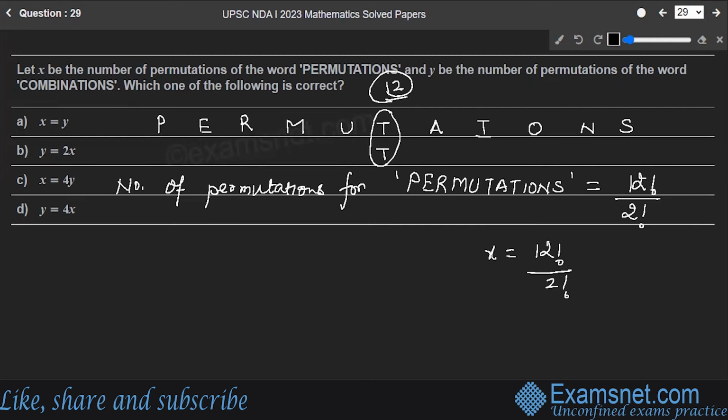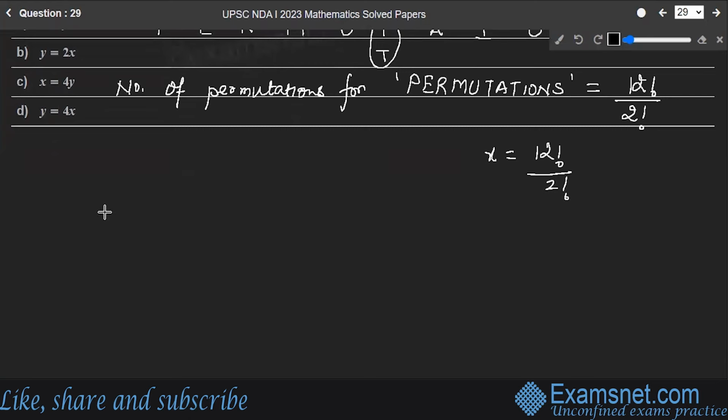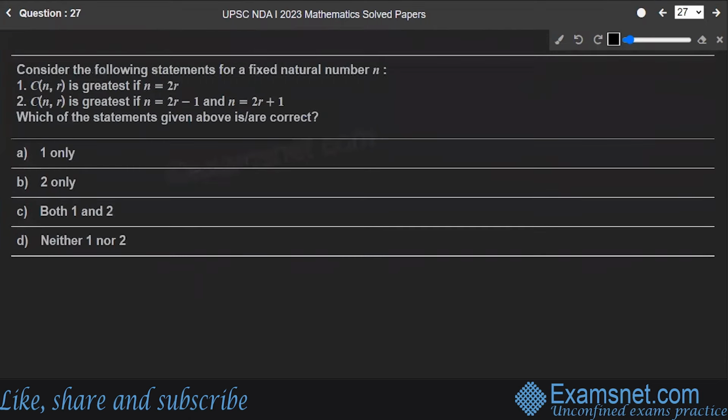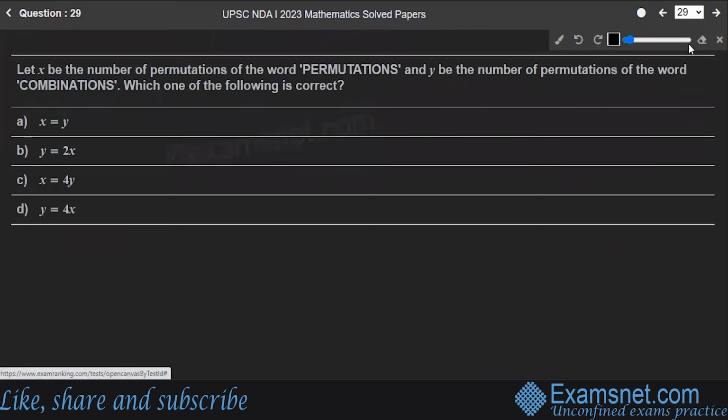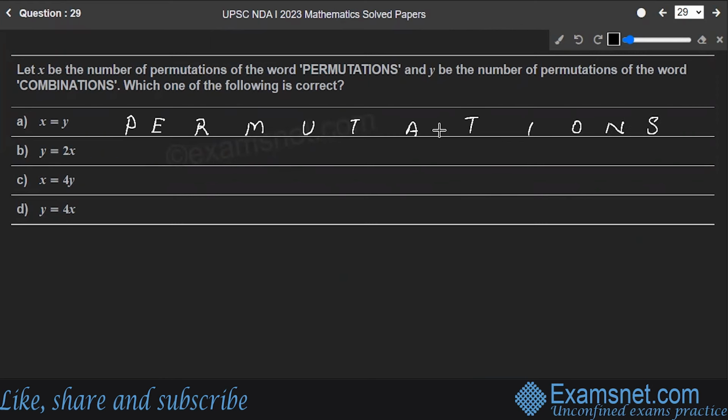Next, number of permutations. Let's write down the word first. Sorry for this, I missed it. No worries, I'll do it again. So the T is repeating itself here.